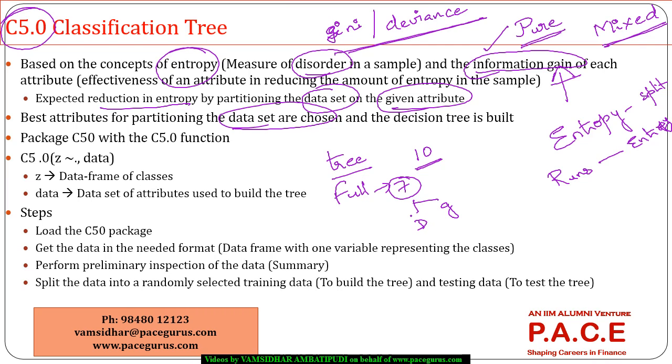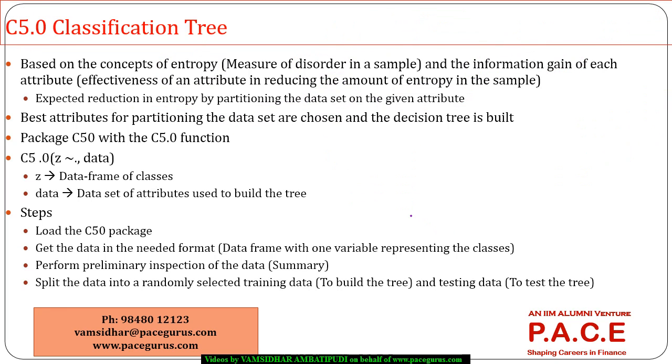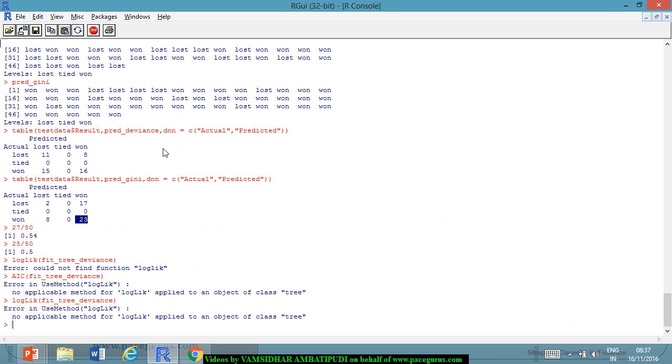So it's not necessary that all 10 of them need to be used, but whatever are used will be the best possible attributes for partitioning the data set, and accordingly the decision tree is built in case of C5.0. So we have a package called C50. Using that C50, we'll use a function called C5.0 for that purpose.